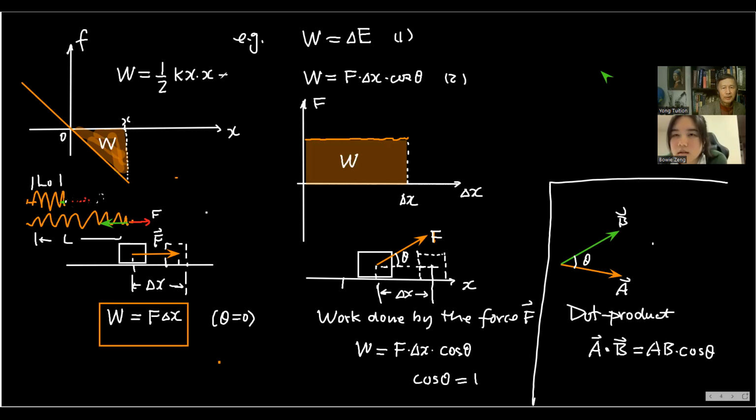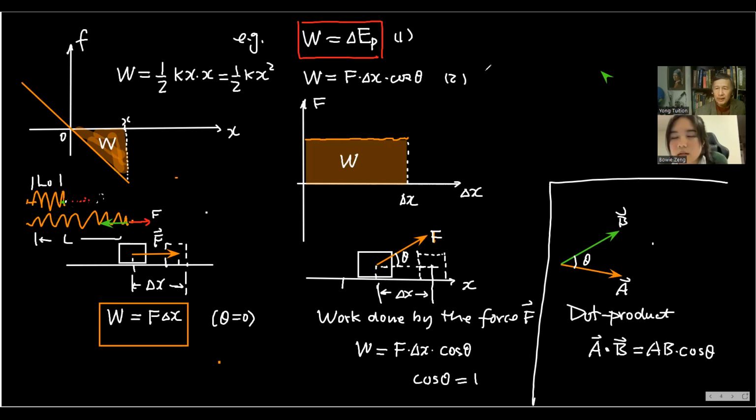Therefore, that will equal half k x squared. So this is the second formula. According to the first formula, this work done will equal the change in the energy. This time, the energy is called the potential energy, not kinetic, because we move this very slowly. So this is the second formula for the spring.